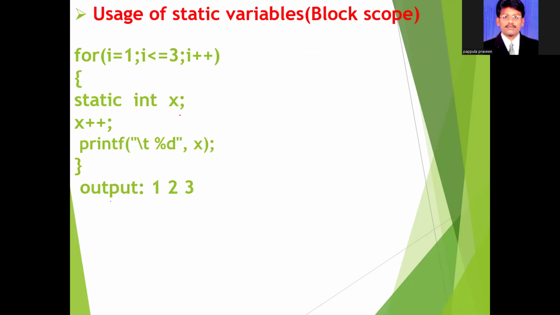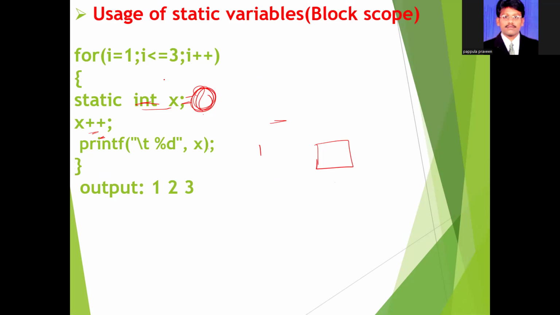Now, for i equal to 1, i less than or equal to 3, i plus plus. Previously, in the same program, using auto or register, it will print 1, 1, 1. But now coming to this program, int x, we have not assigned any value to x, but by default it is 0. Then 0 plus 1, now all calls share the same memory location.